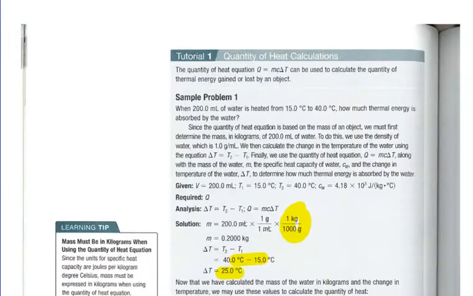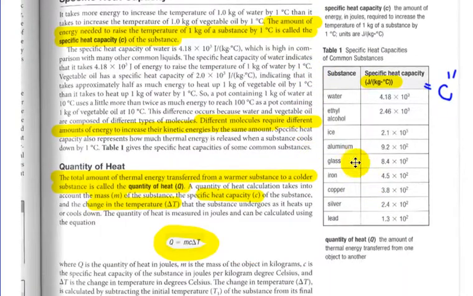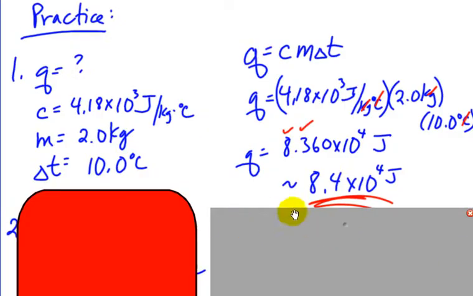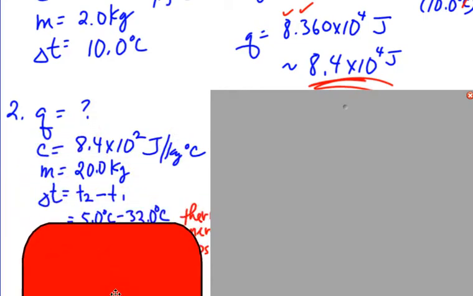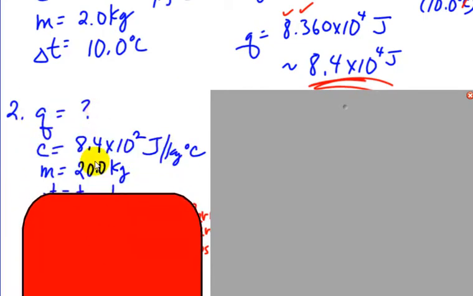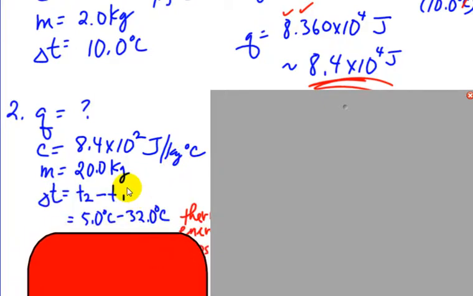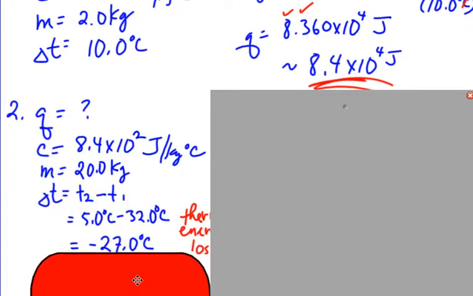We're told it's glass, so glass is 8.4 times 10 to the 2 joules per kilogram degree C. The mass was 20. The temperature was initially 32 and ended at 5, so that makes a difference of minus 27, which is okay because we're releasing thermal energy, so our temperature is expected to go down.